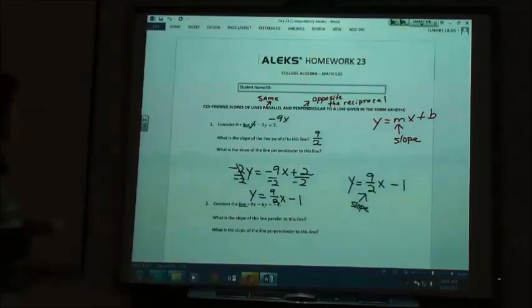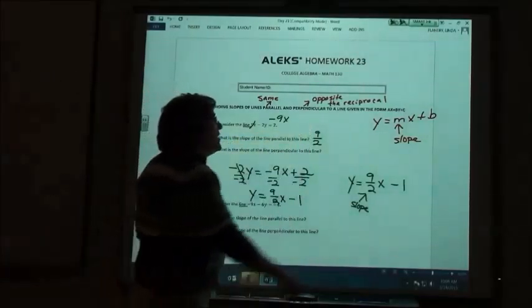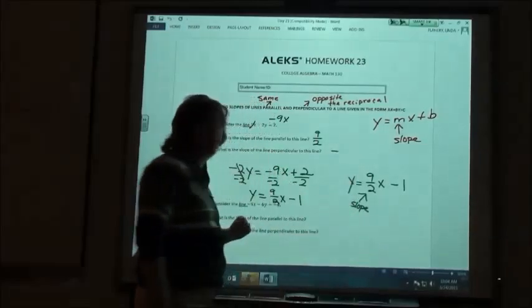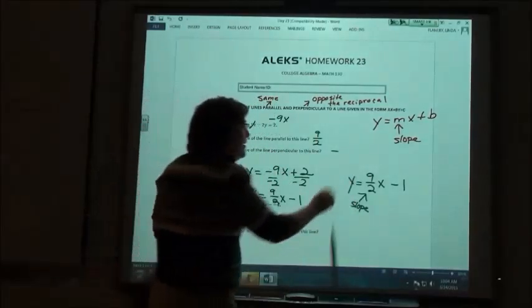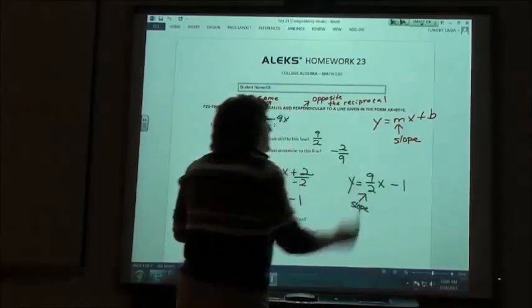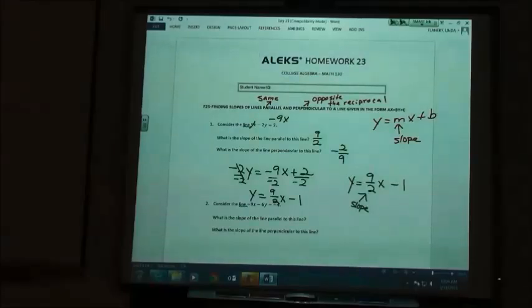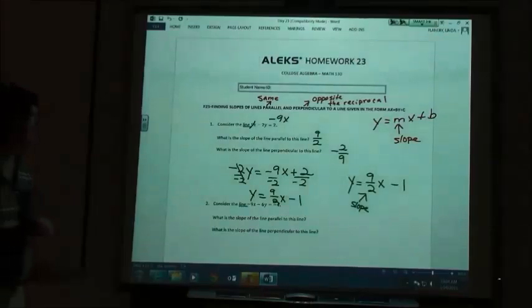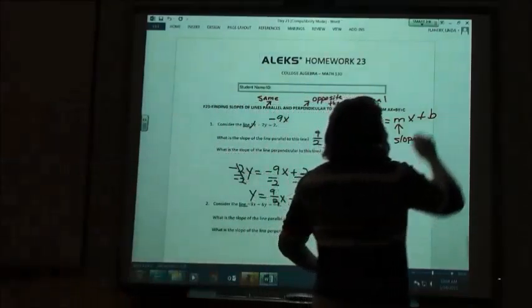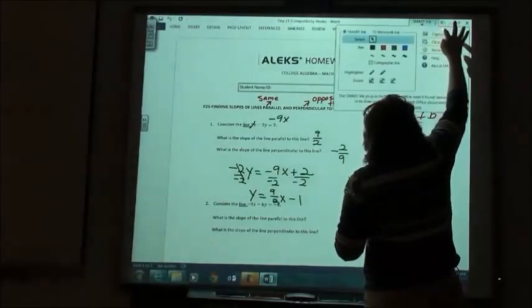So if this is a positive 9 over 2, this is going to be a negative, and the reciprocal of 9 over 2 would be 2 over 9. So we're just flipping it and changing the sign.